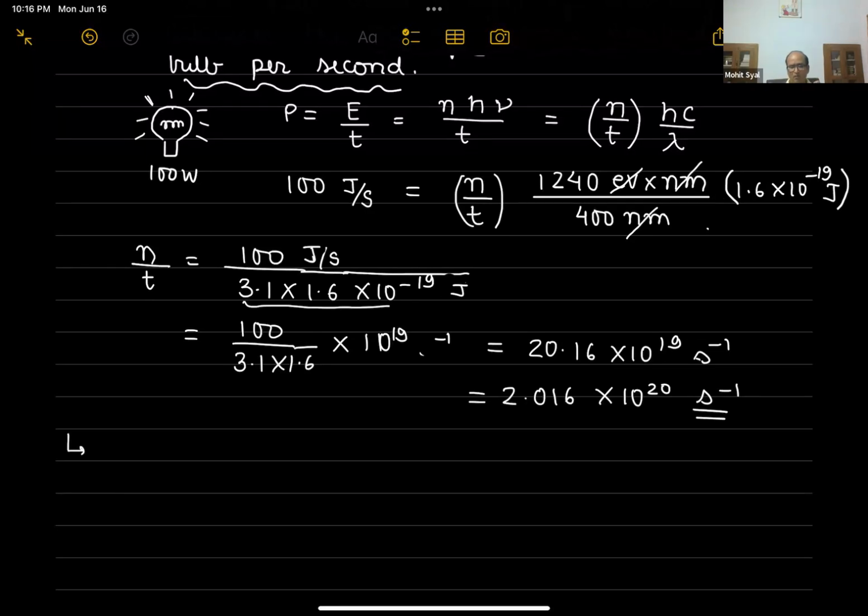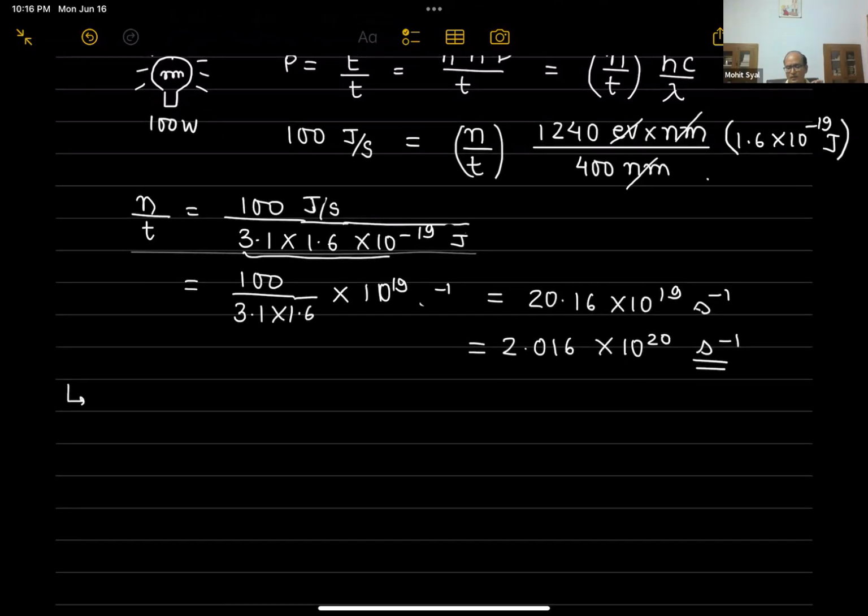The next very important point is that intensity doesn't change the energy of a photon.